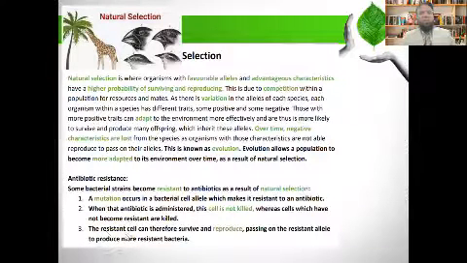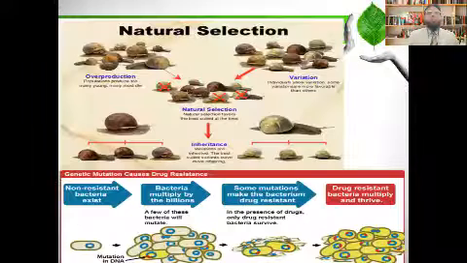So the resistant cells can therefore survive and reproduce, passing on the resistant allele to produce more resistant bacteria. So what we understand here is that whenever the doctor prescribes any antibiotics, we are supposed to complete the whole course of antibiotics so that all the bacteria, specifically the pathogens, are killed.